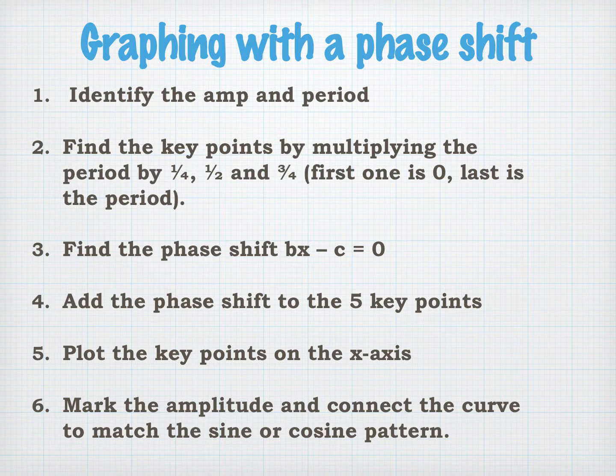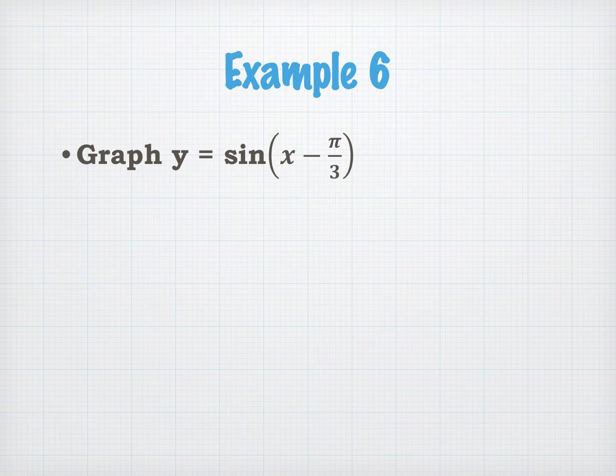Then we're going to label our x-axis and then plot our points. Now, unlike before, when we could just do the mirrored image on the negative side, we actually have to calculate the points. And we're going to get 4 points to the left of our starting point and 4 to the right. So let's go ahead and take a look at our first example.